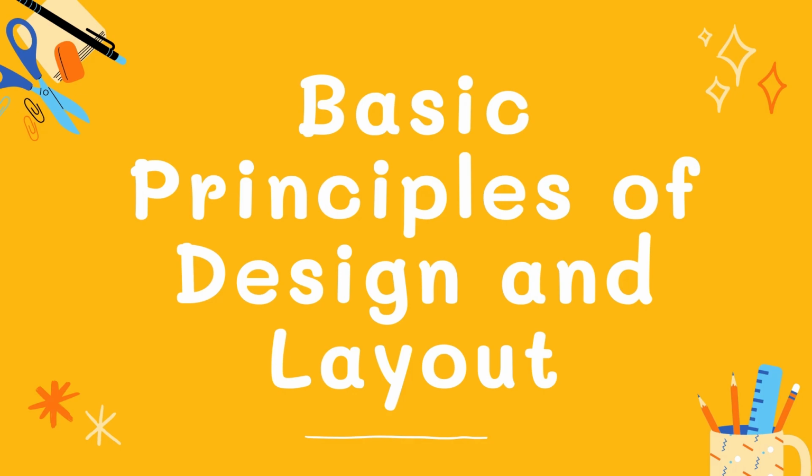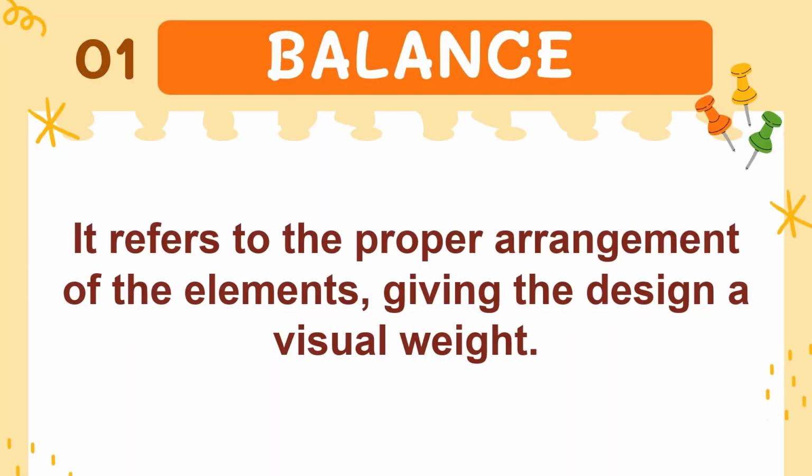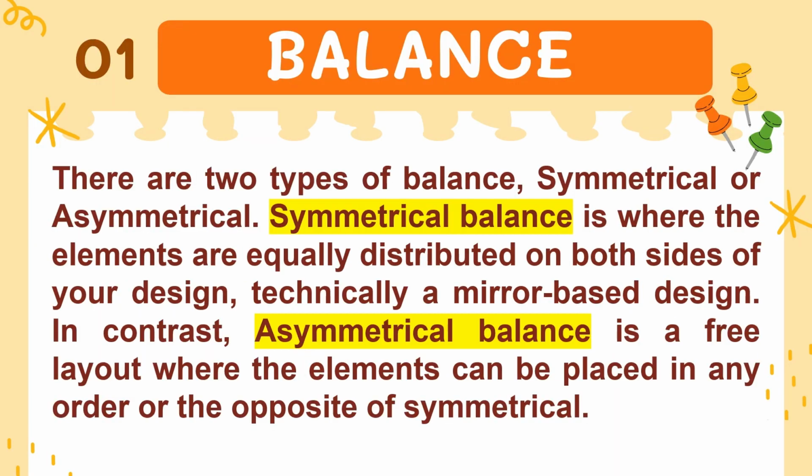Here are the basic principles of design and layout. Balance refers to the proper arrangement of the elements, giving the design a visual equilibrium. When you say balance, everything is considered equal. We have two types of balance: symmetrical balance and asymmetrical balance.